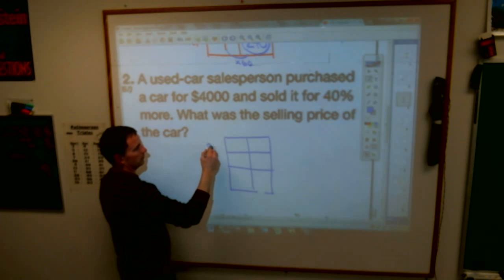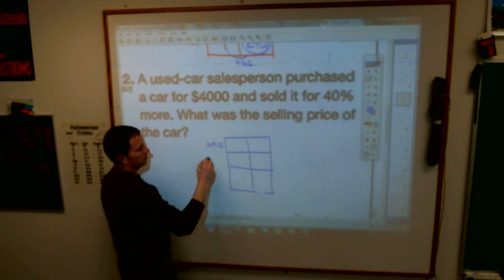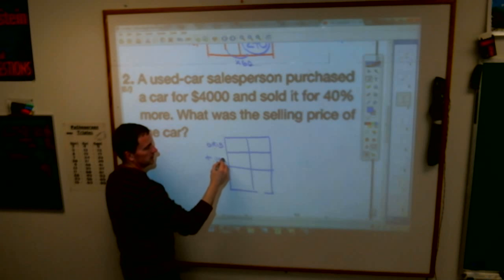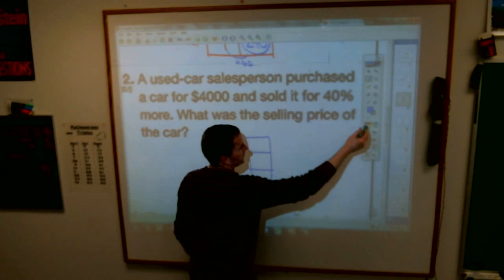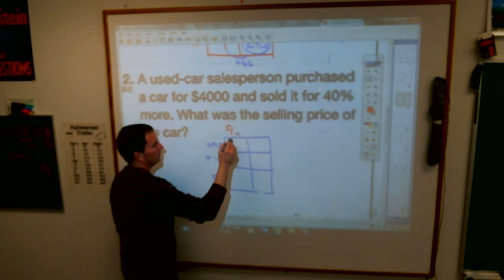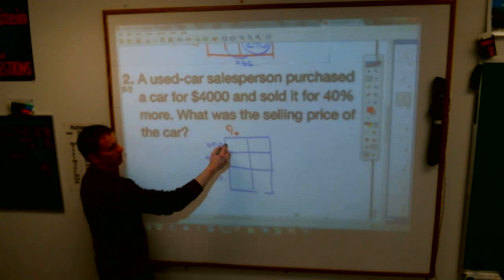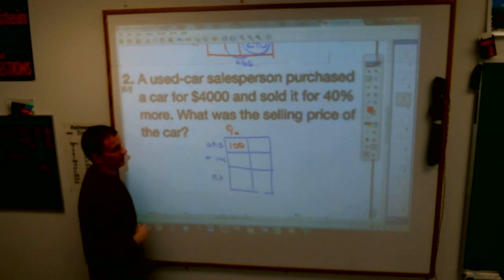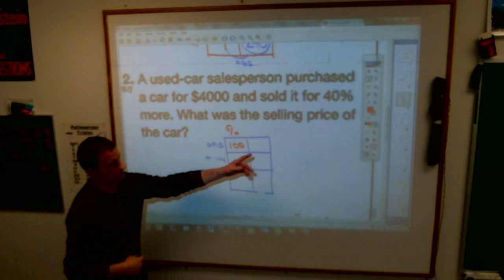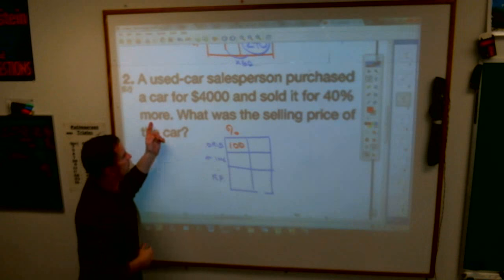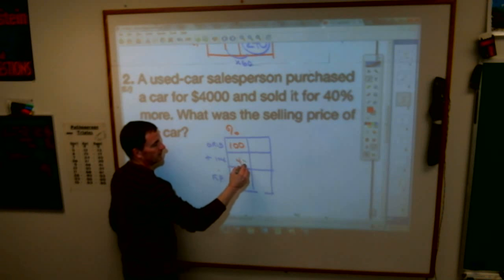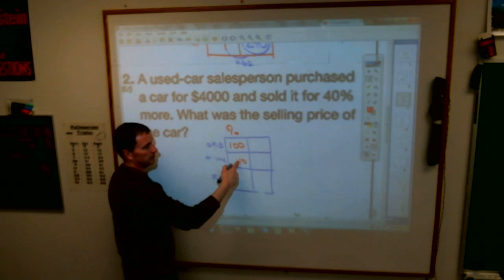You start off with your original price plus whatever the increase is, and then you have your final price. What were my percentages? Well, original is always 100. How much am I increasing it? 40% more. So my final percent is 100 plus 40 is 140%.